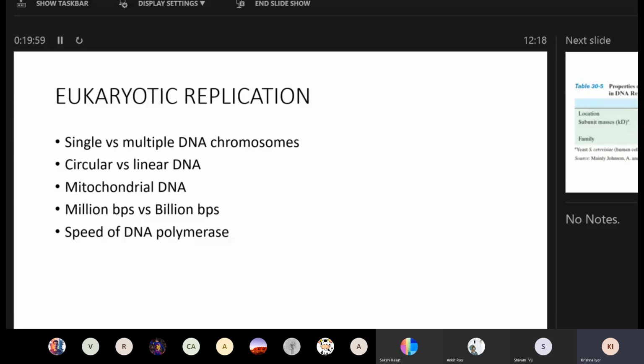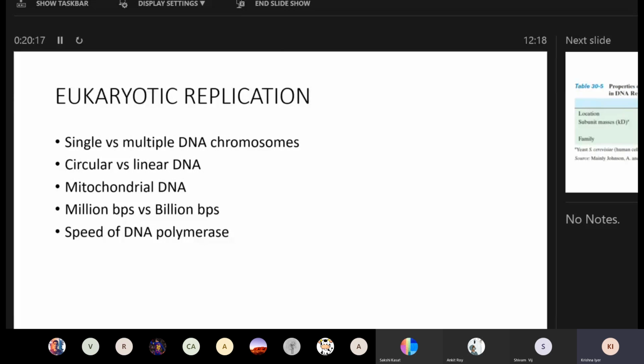We also have, in addition to our chromosome, mitochondrial DNA, which is replicated very similarly to what happens in bacteria.